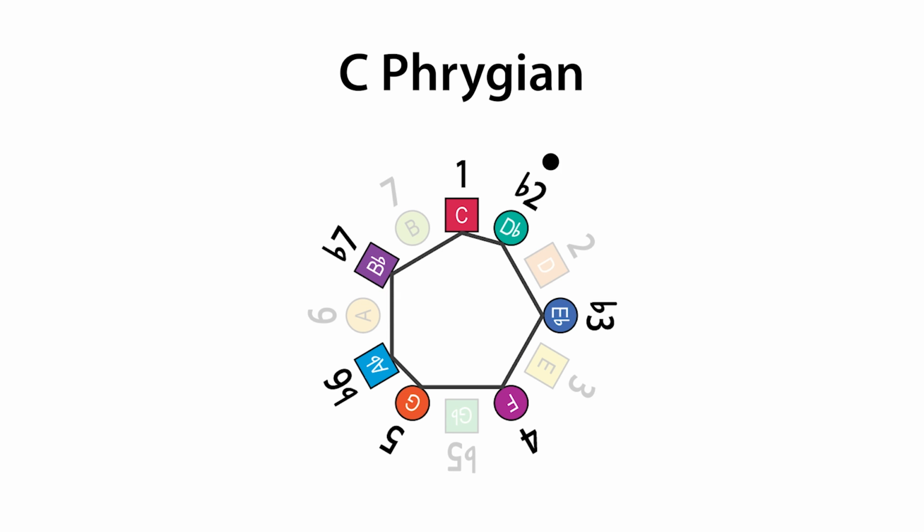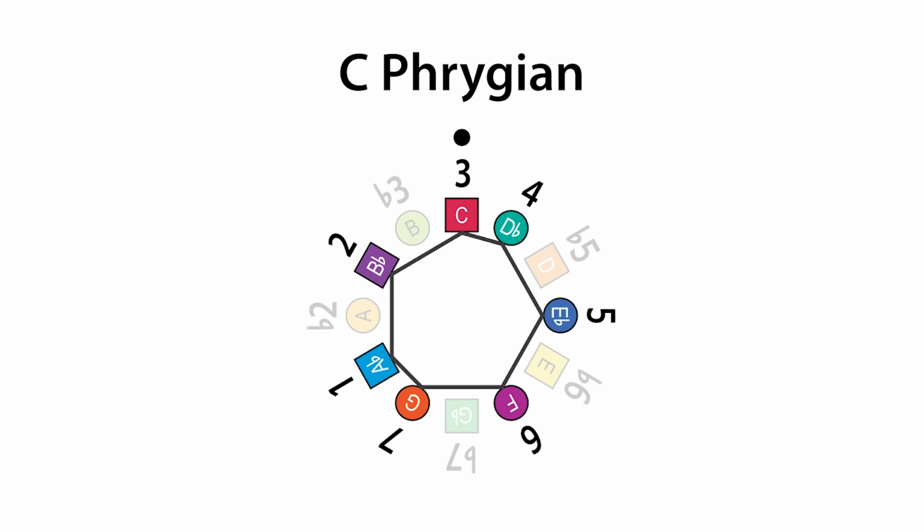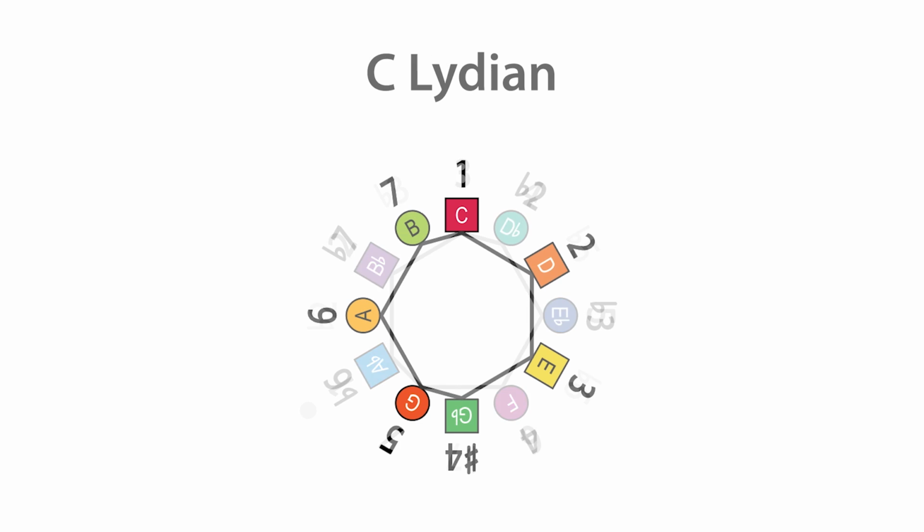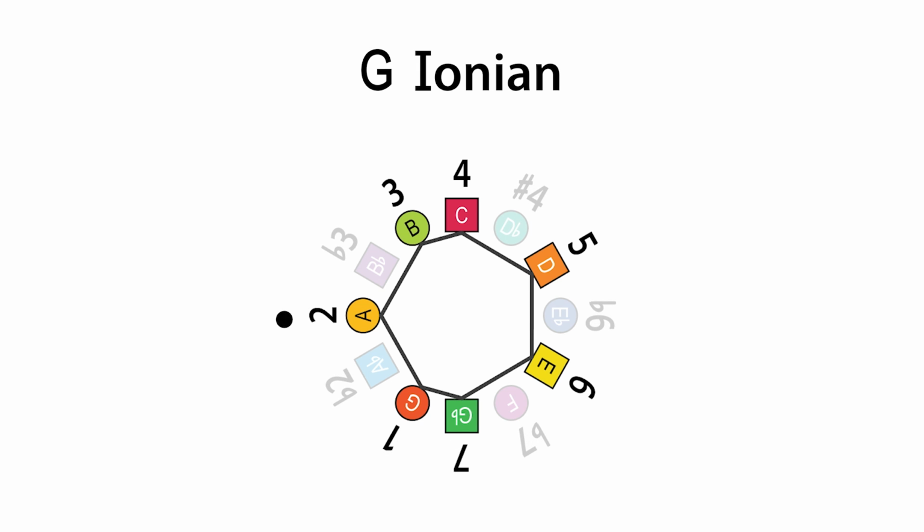C Phrygian begins on the third degree of its source scale, so reverse engineering that out, we land on A flat. So the C Phrygian mode comes from the A flat major scale. C Lydian likewise comes from the G major scale.